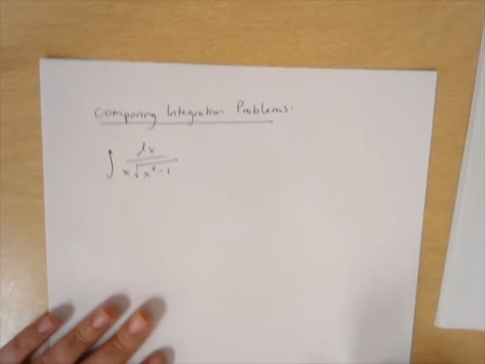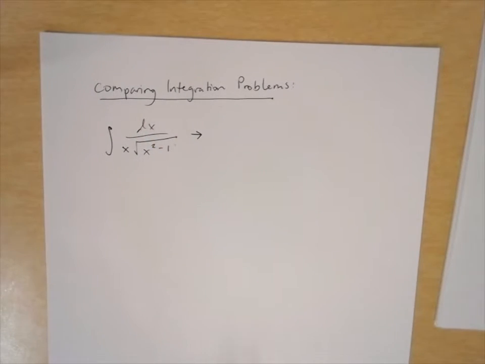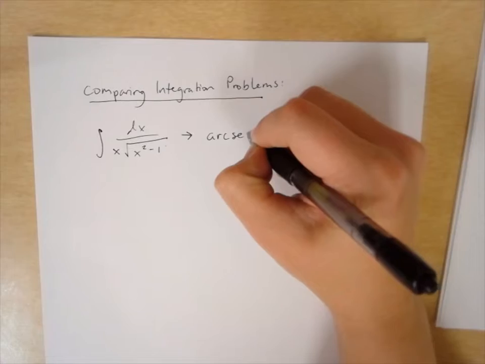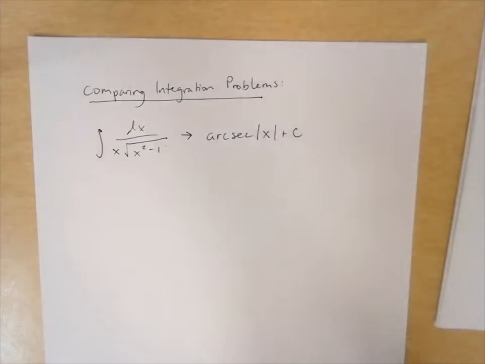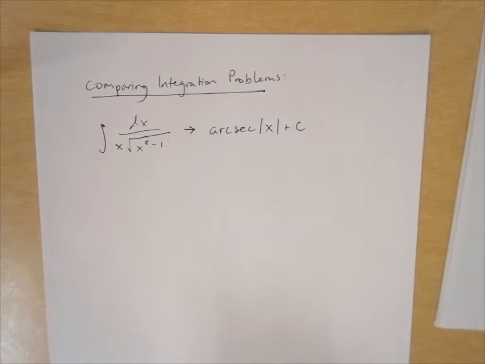This is what we've been doing for the last day. This lends itself pretty easily to that arcsecant integral rule that we know. So we know that this would become arcsecant absolute value x plus c. And so that's how we would handle that integration problem.